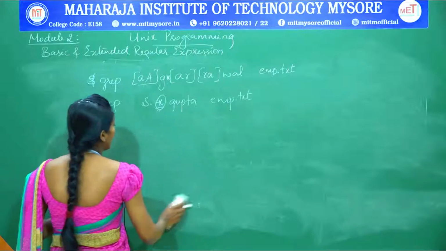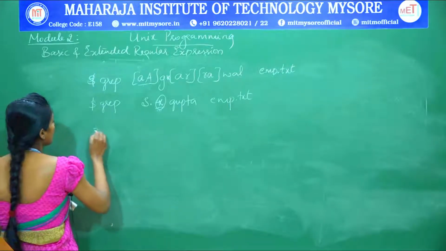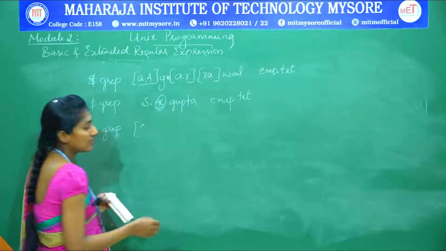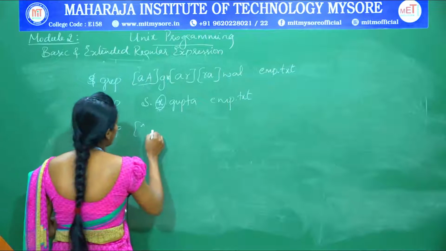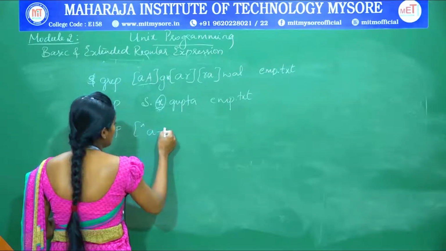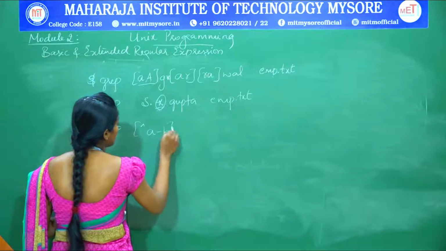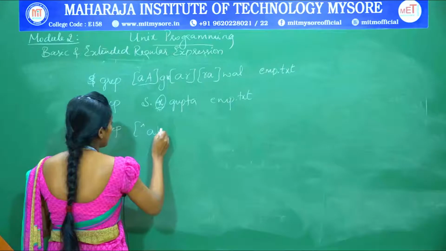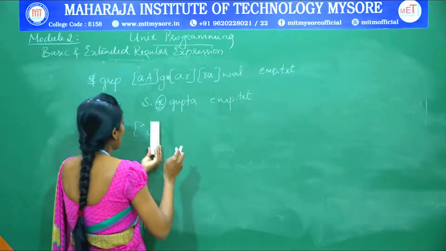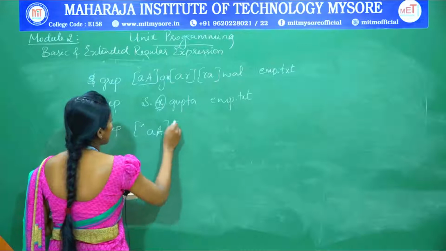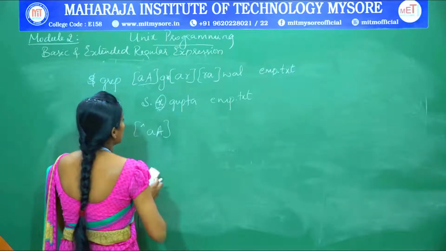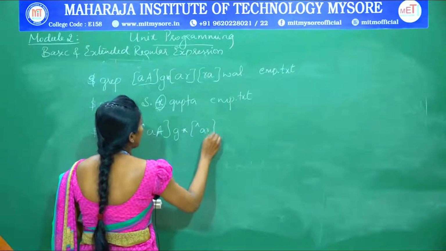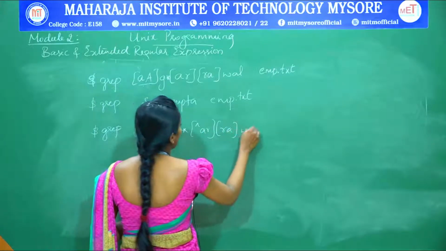So next is negation. Negation we had also considered. So if I have given like this, negate of A to B, or negate of A and A. Next, G star, again negate of AR, then RA, then val.